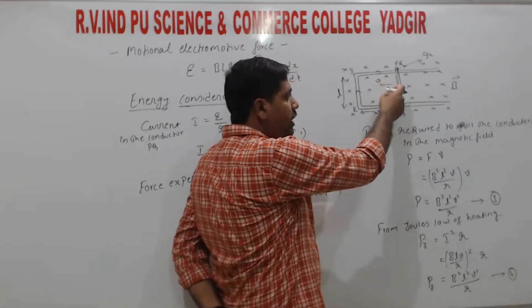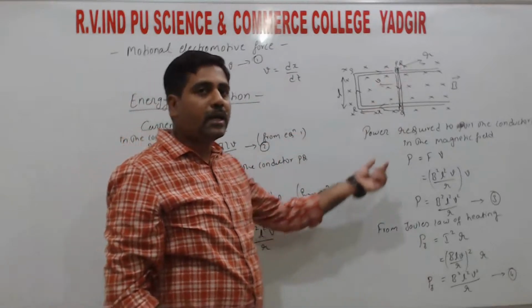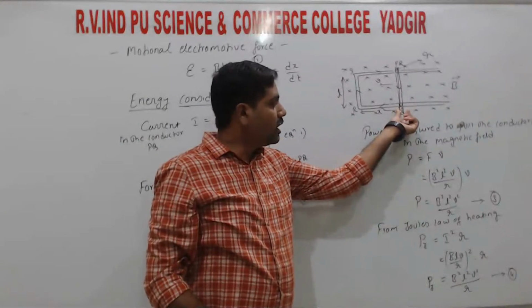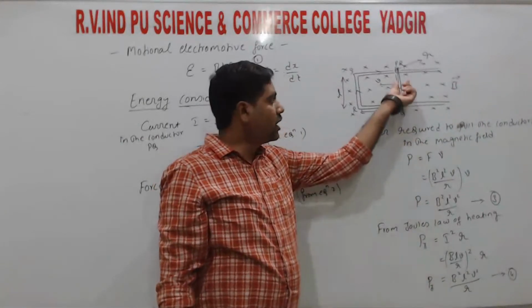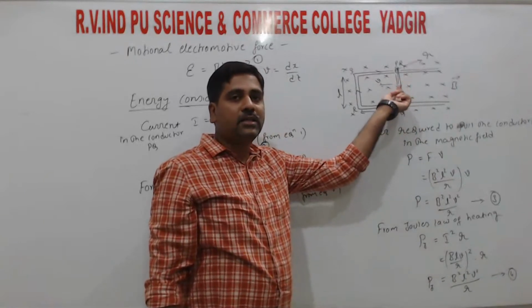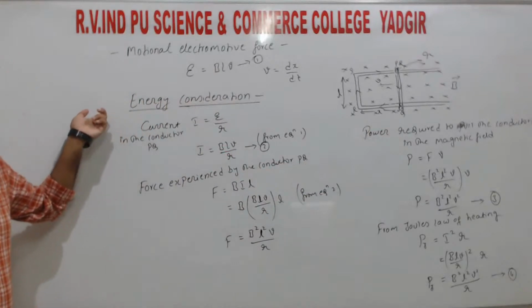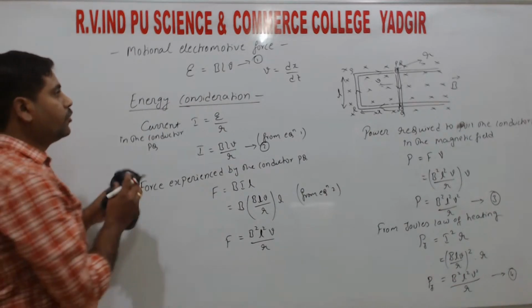Due to this mechanical energy, current is produced in the conductor, right? So mechanical energy is converted into electrical energy, right? This electrical energy changes into thermal energy. That means the current flowing in the conductor gets heated, right? So that is again from the law of conservation of energy, changing from one form of energy to another form of energy, right?